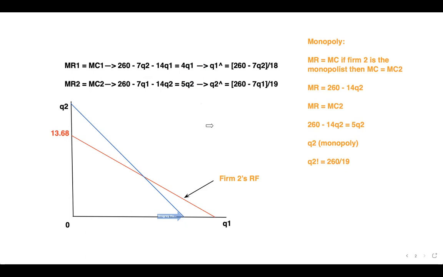So we're talking about the vertical intercept for this equation. It should be, I don't know if you can see this, but it should be 260 divided by 18.